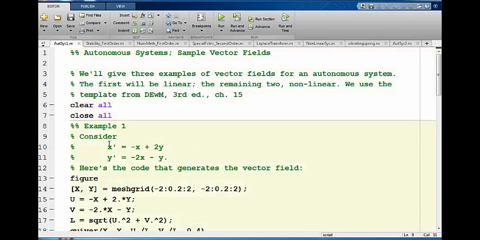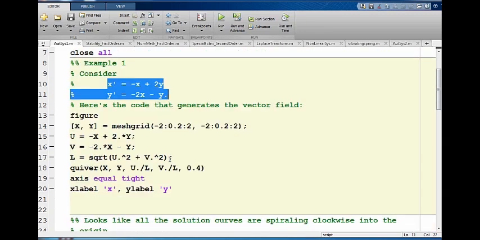So here's our first example, obviously linear. And here's the code that generates the vector field. So we'll use meshgrid and quiver. There's your linear system right there. I'll let you read the various options in the MATLAB book. Let's see what comes out.